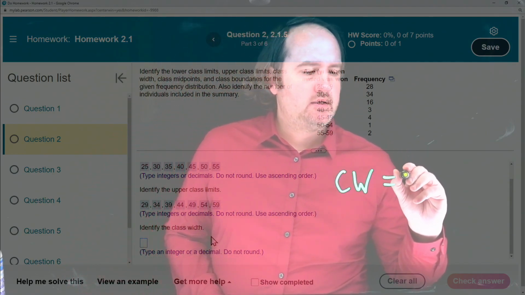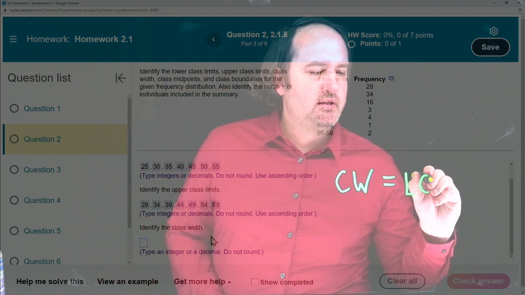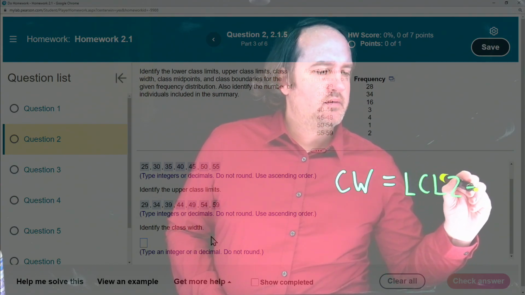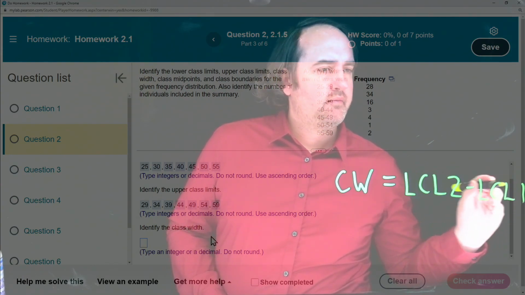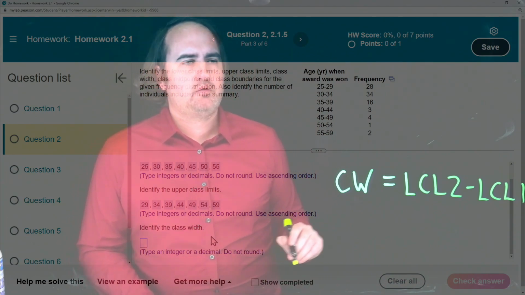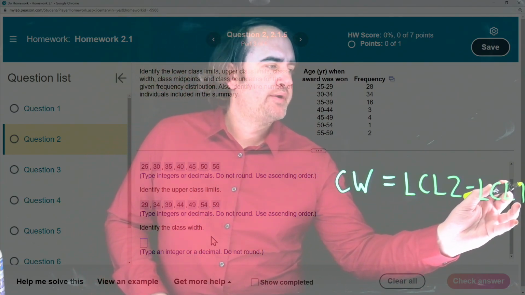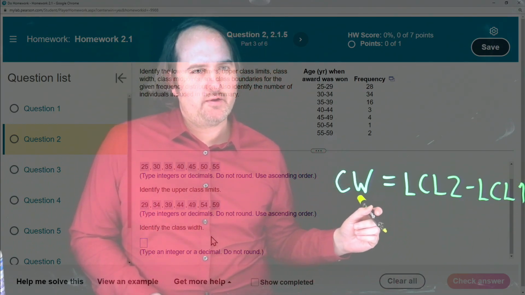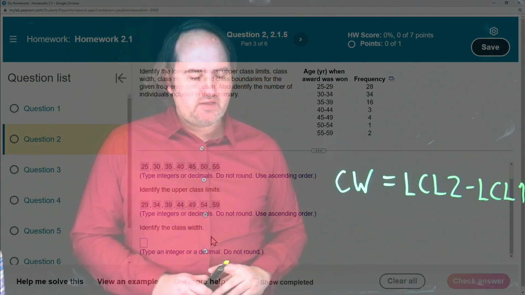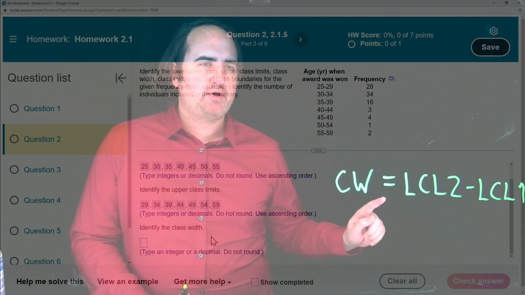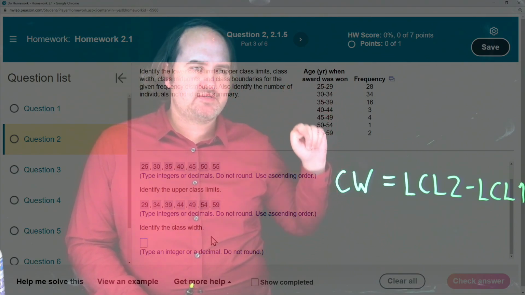So class width is going to be LCL2 minus LCL1. The reason the formula is simpler here is because they've already constructed this table.